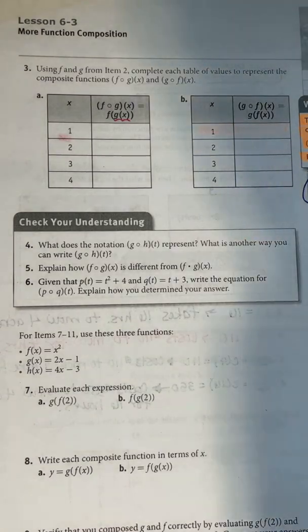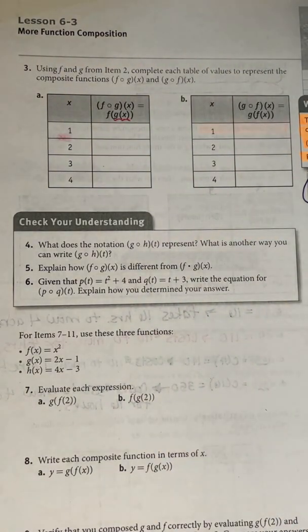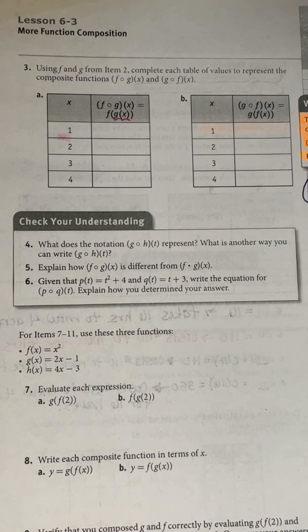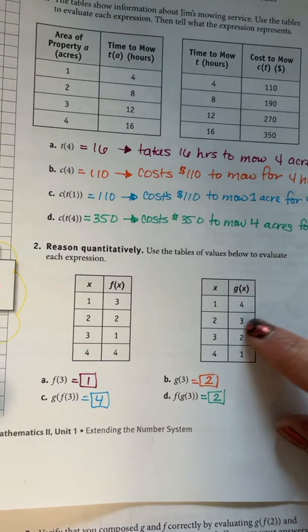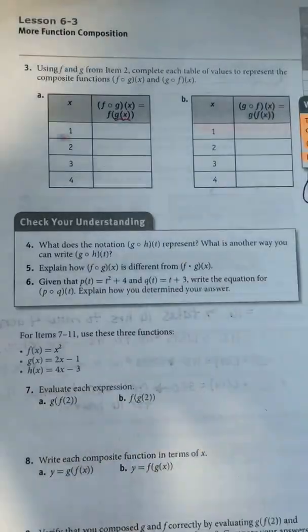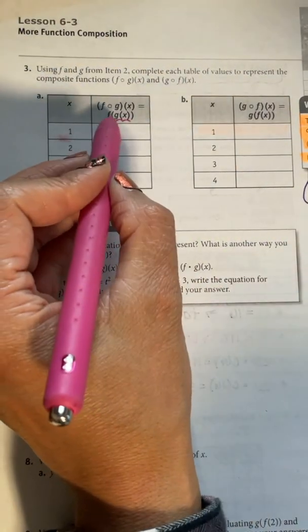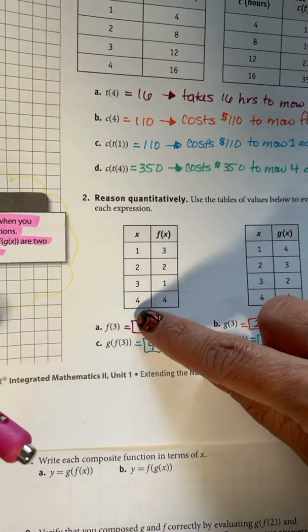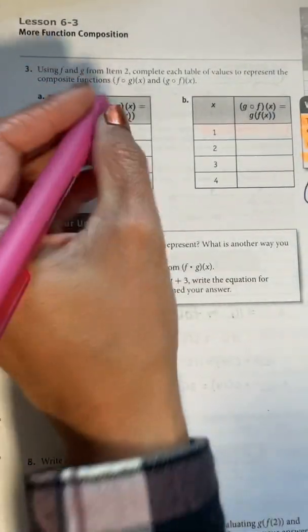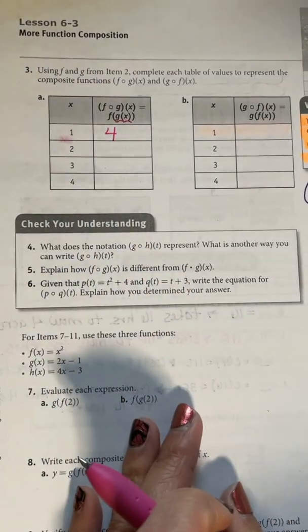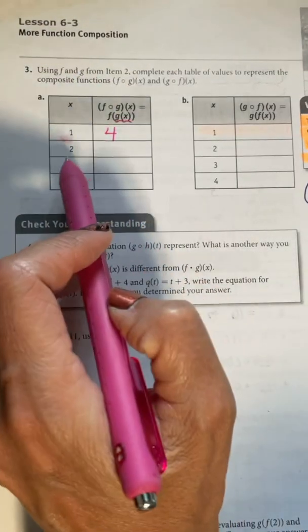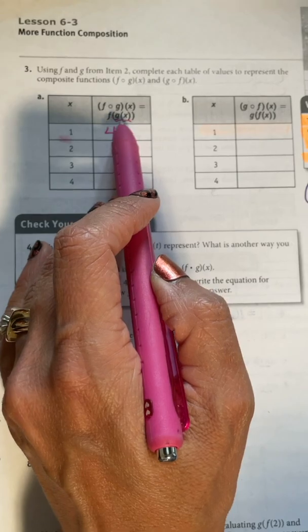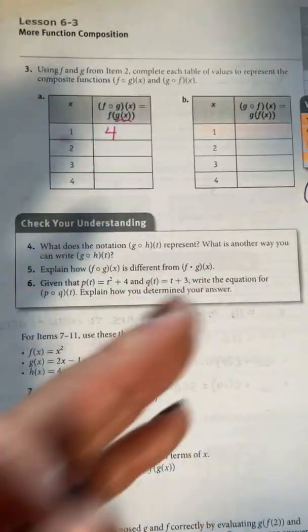Actually, I'll just use my notes because I have the table. G of 1 is a 4, so the output is a 4. So now I need to find f of 4, and then I can find that output. Well, f of 4 is 4. Now let's try a 2. So first, g of 2, and then we take that 2 and plug it into f.